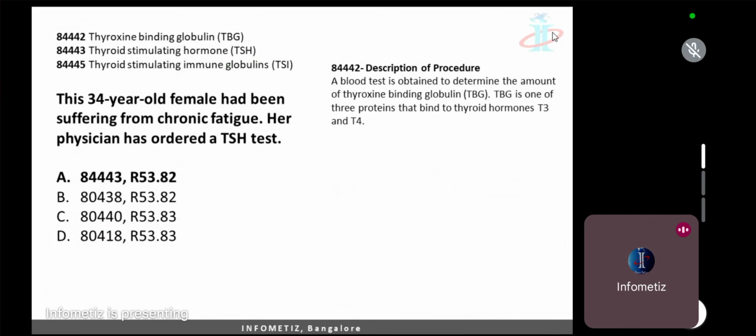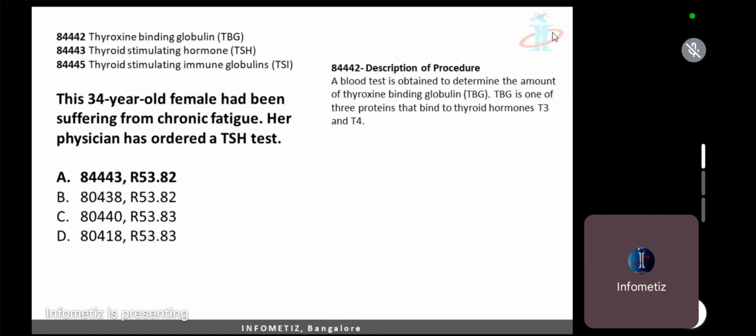Okay, now next will be 83718. Next page only. 83718, 719, 721. That is for cholesterol testing. 718 is the HDL cholesterol, high density lipid. There are 3 types of cholesterol found in our body: high density lipid, low density lipid, very low density lipid.